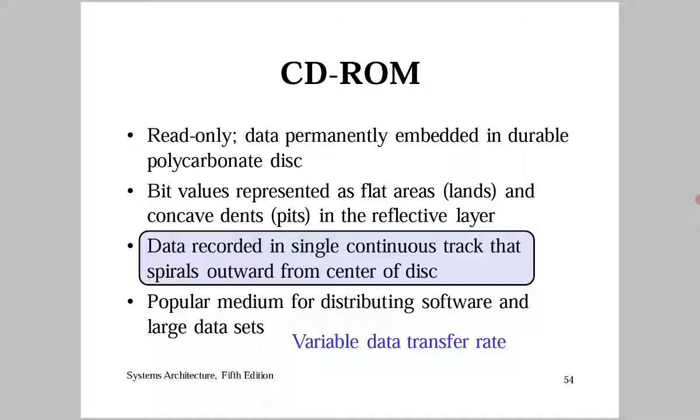The data recording is done in a single continuous track that spirals outward from the center of the disk. It is a popular medium for distributing software and large data sets.